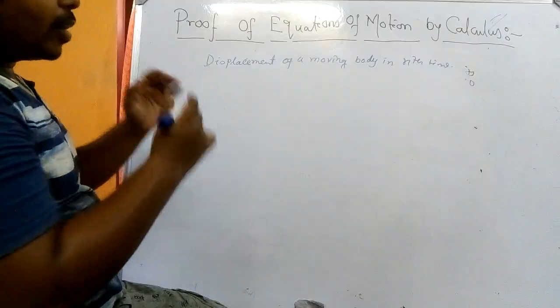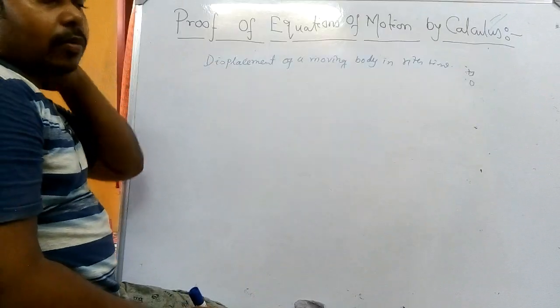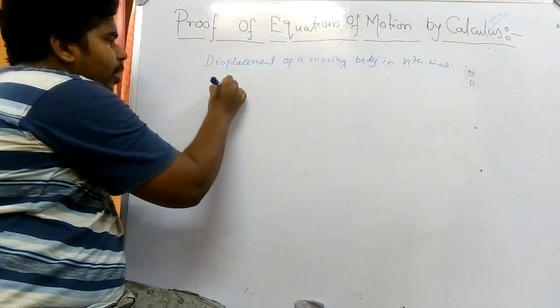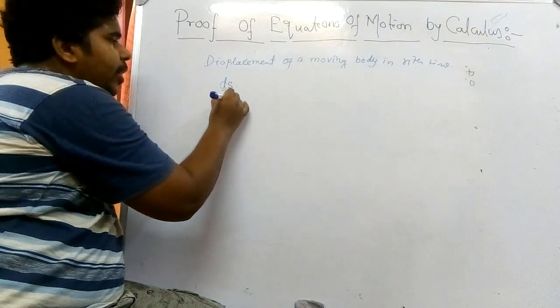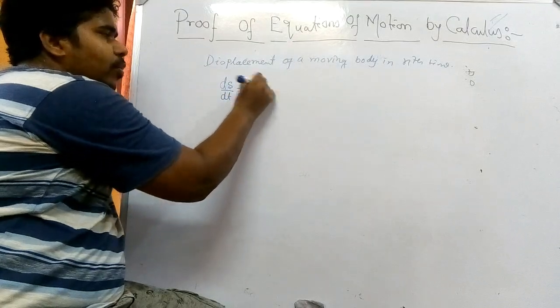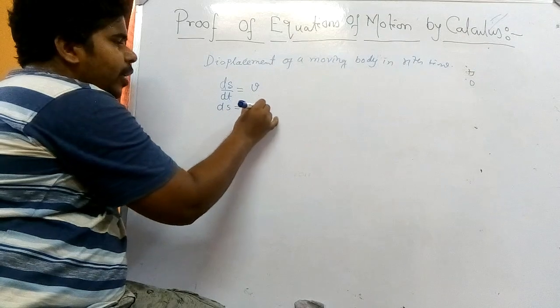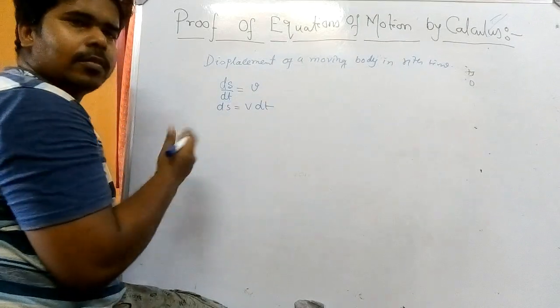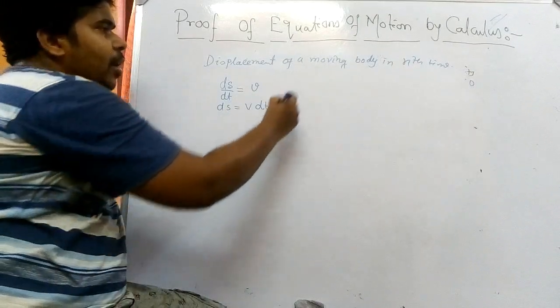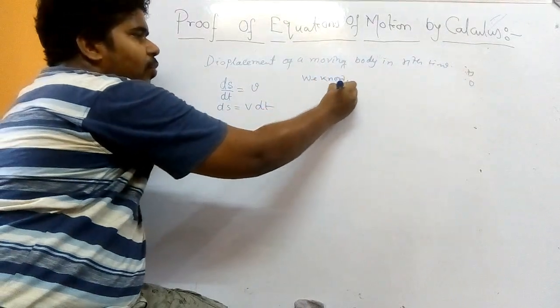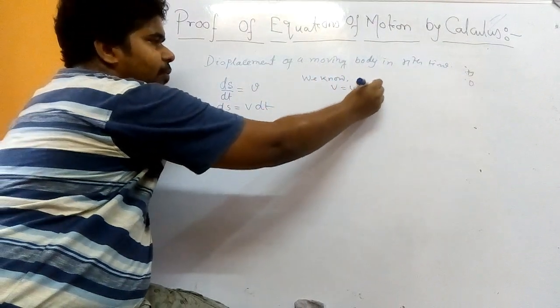But how, by using calculus, can we do it? Let's see. Again we'll go for the same equation, ds by dt equals v. So ds equals v into dt, that is also obvious. And we know v equals u plus at.